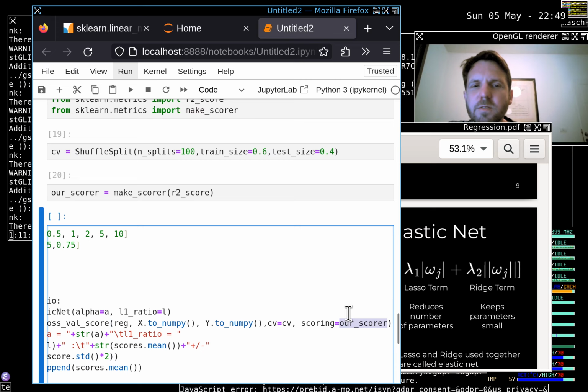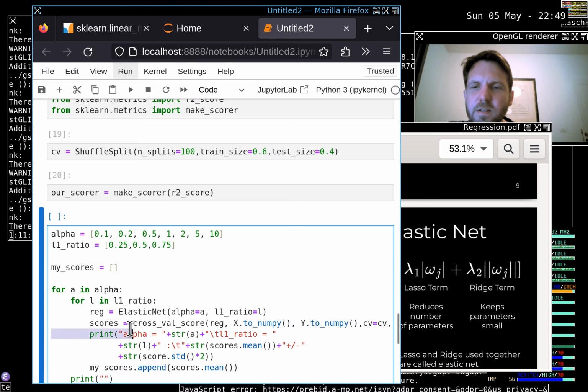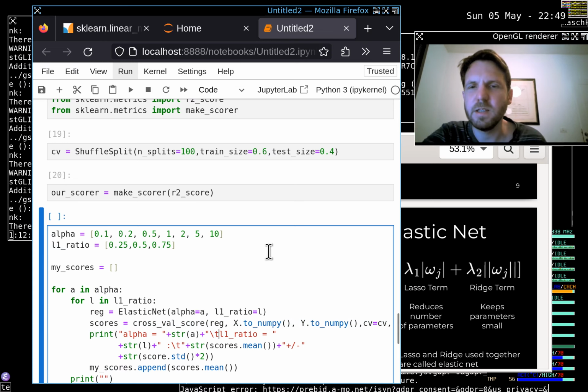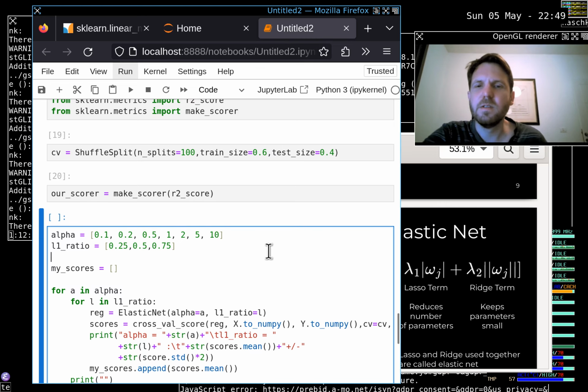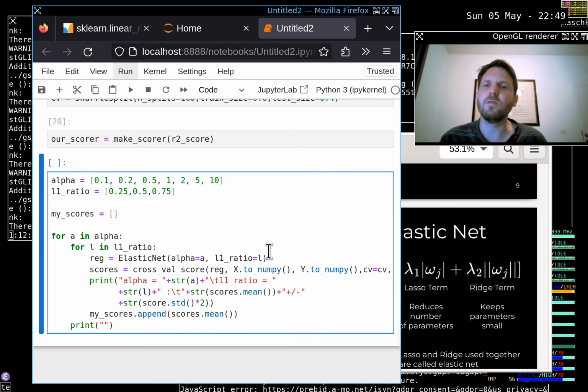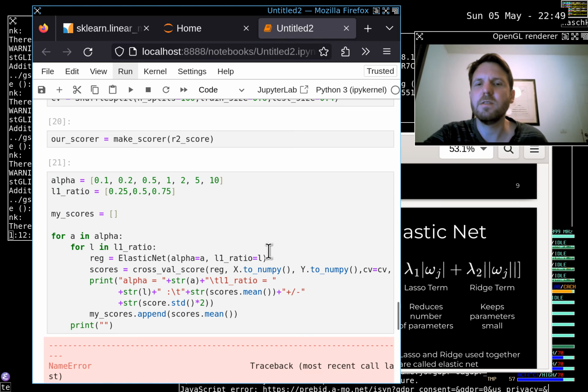So here we use the R2 score that we have built with our scorer in the cross-validation. This is the new, important part: how to perform cross-validation if you use a regression example. Okay, so far so good. Let's run this, and hopefully we get nice values out.